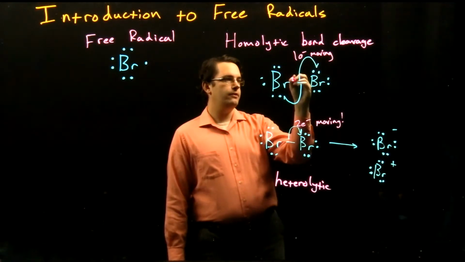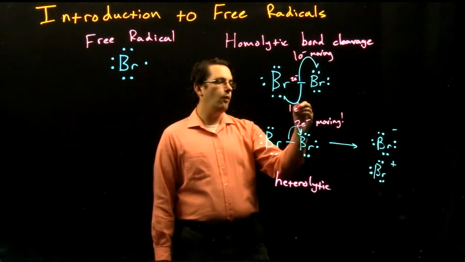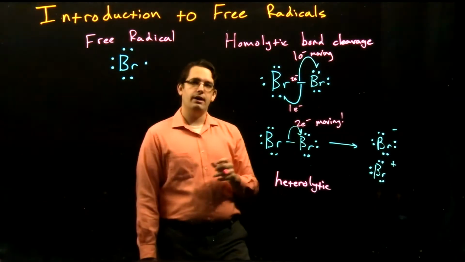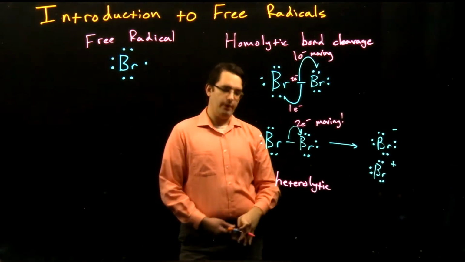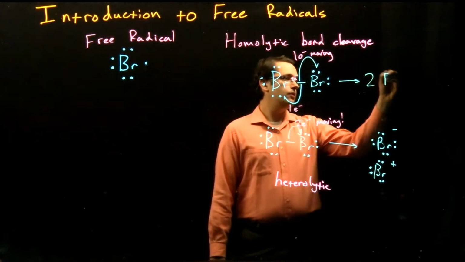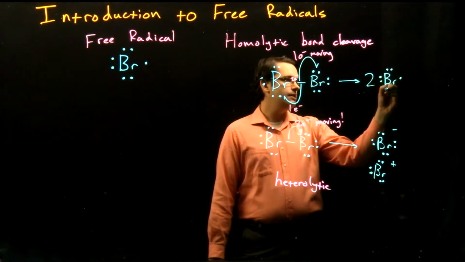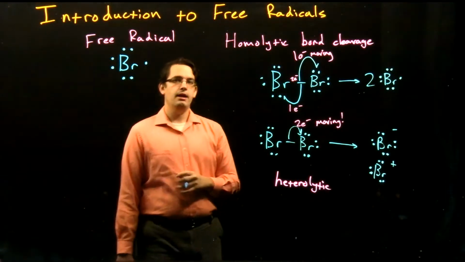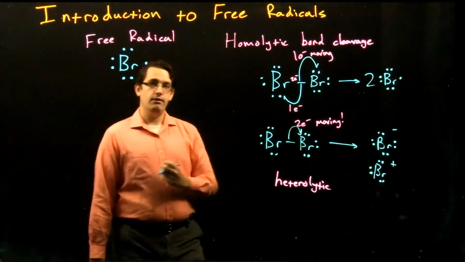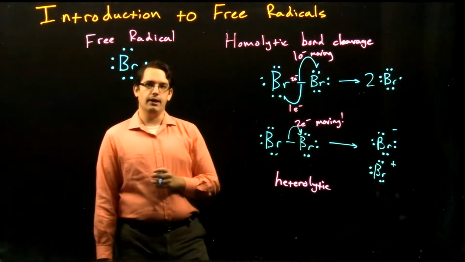So we start off with 2 electrons in our covalent bond. We have 1 electron coming over here to our bromine on the left, and 1 electron coming over here to our bromine on the right. So our end product then would be 2 bromine free radicals. So each of our bromines from our diatomic bromine get that single electron to take them back to the 7 valence electrons with that 1 unpaired free radical electron.